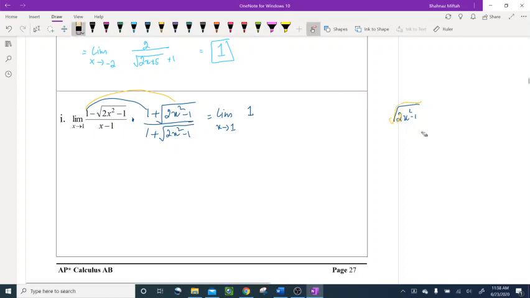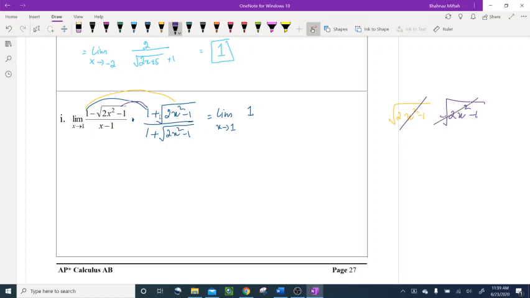I think let's erase it and write it down. So I got the square root of 2x squared minus 1. Now this one, I'm going to multiply with the 1 right there, and it's going to give me negative square root of 2x squared minus 1. So you know they cancel out each other.